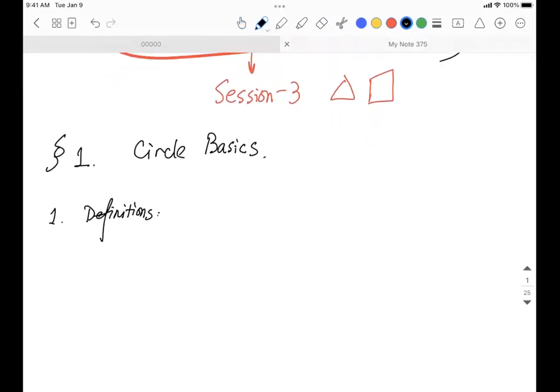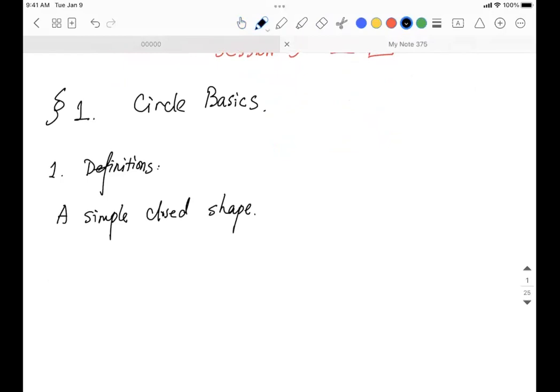The circle is actually a very simple closed shape, right? It's a simple closed shape. So how to define a circle?